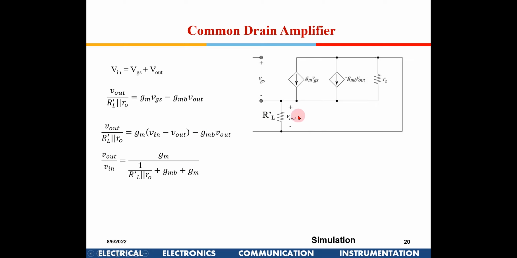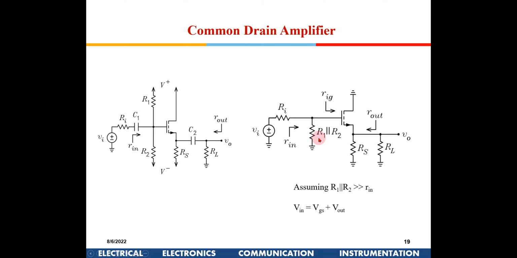If I want to connect low loads, I need to use a common drain amplifier. For example, audio devices operate at just 5 ohms or 16 ohms impedance. So in practical applications you will have very low loads. In those cases we use something known as a common drain amplifier.